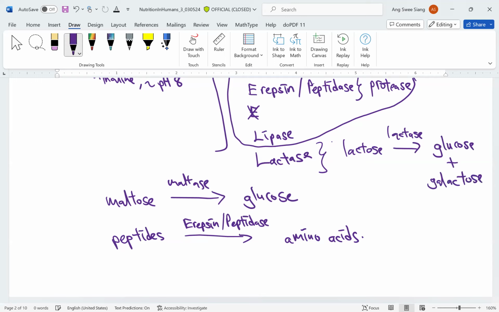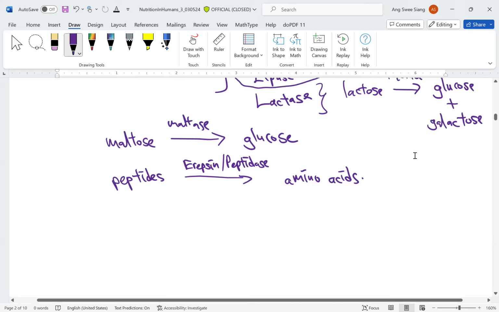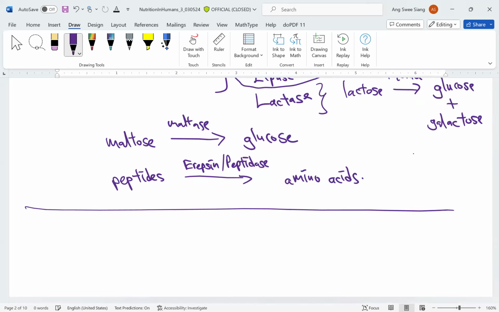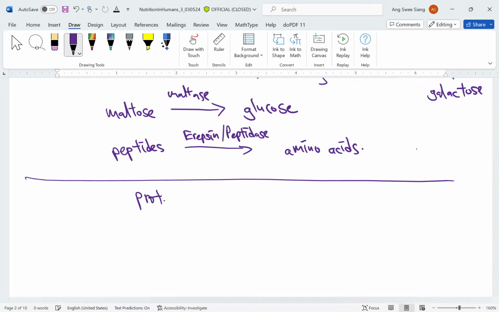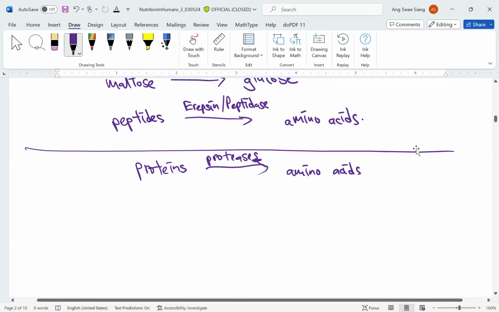Then really one last thing, just to summarize the digestion of proteins. If you think about it, there is a simplified format. You just say proteins are digested by different types of protease into amino acids. So the S is important. Or you tell me the full story.